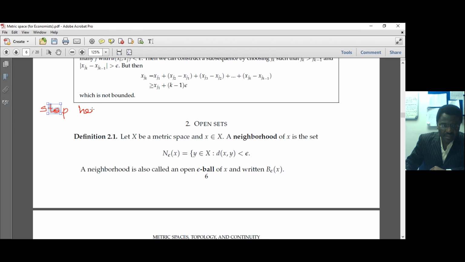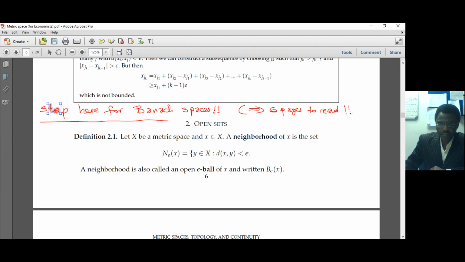Stop here for Banach spaces. So you have a total of 6 pages to read. Read and make sure that you understand.